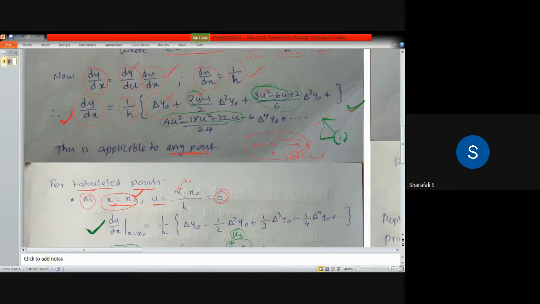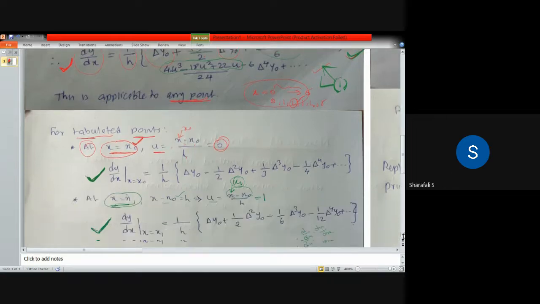So this will become 0, and this term exists; the differentiation of this one will come as this term becomes 0 and this term is 1, so 2 by 2 will become 1, so only this delta square y0 will exist. And for this term, it will be 6u, 2 into 3 into u. So the differentiation of this 6u with respect to u will become 6. So 6u minus 6 by 6 will come. So that is the next term. You can see that in here.